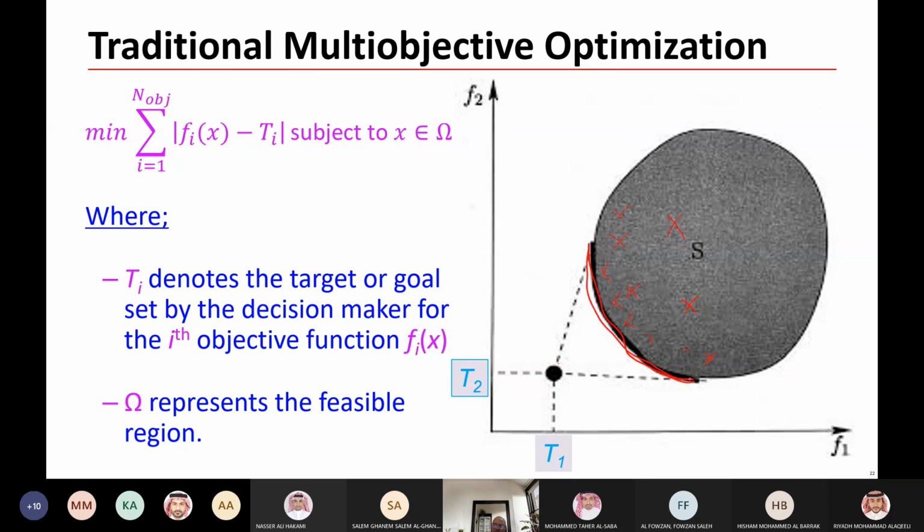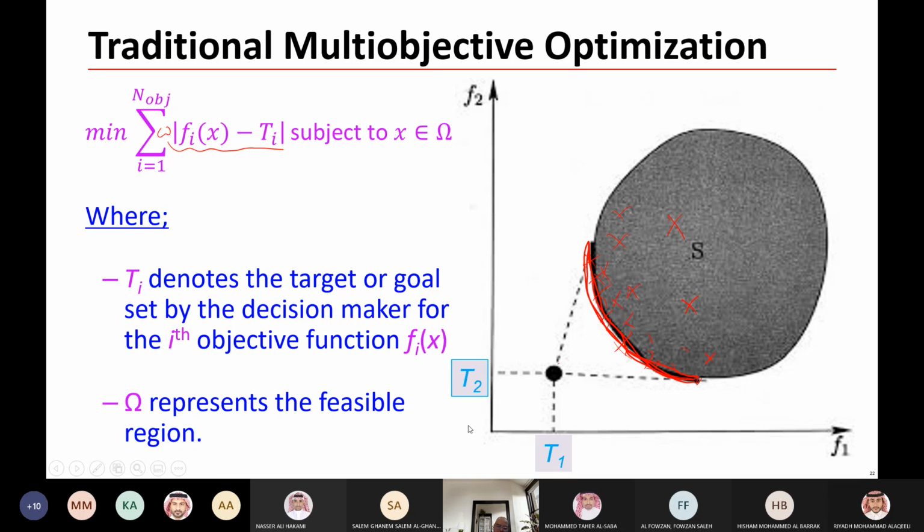These are the nearest to the target. So in this case, you end up with the Pareto optimum front. This is the Pareto front here. And of course, you change the weights, you run it several times, and you end up with these solutions one by one.